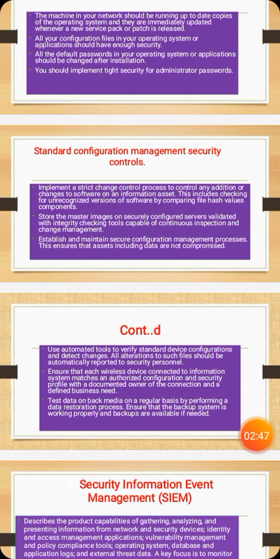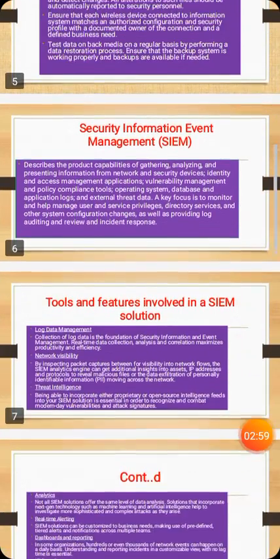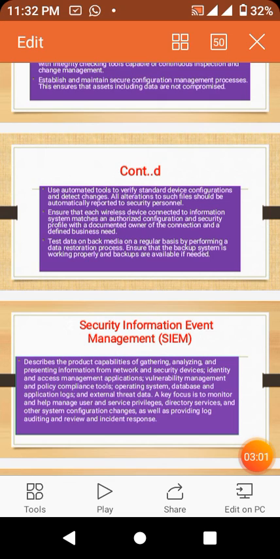Also, establish and maintain a secure configuration management process. This ensures that assets, including data, are not compromised. On another slide, we see that we use automated tools to verify standard device configurations and detect changes. So all alterations to such files should be automatically reported to security personnel.